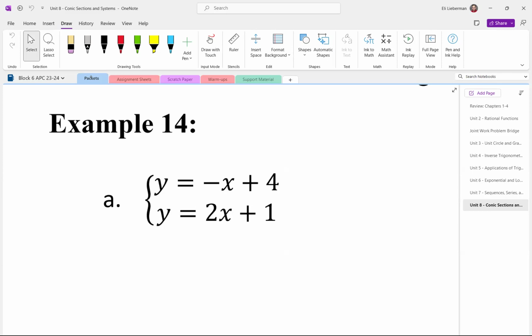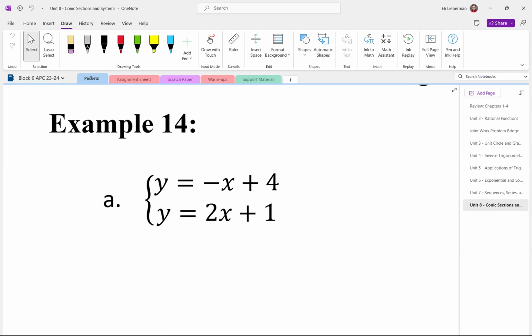If you haven't put your phone up here, please make sure you do. Trace, calculate, intersection.